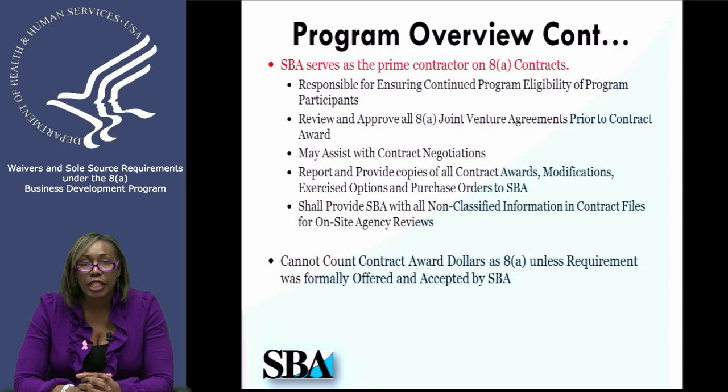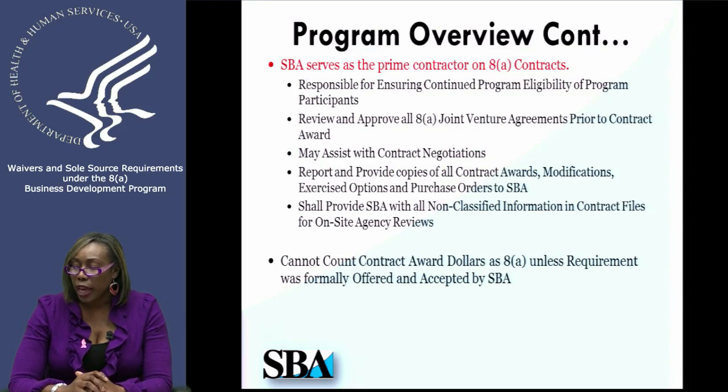We're going to assist with contract negotiations if it's necessary, and we need you, the community, to report and provide all the copies of the contracts awarded, the modifications, any exercised options, purchase orders. All of those documents should be sent to the Small Business Administration District Office servicing your 8A participant.